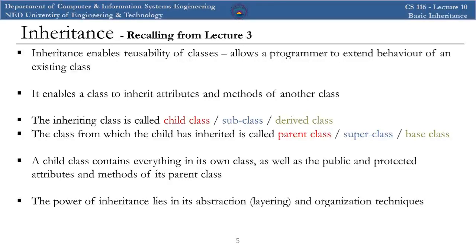Like you can define different classes in layers, and then you can arrange them in a hierarchy, and that is one of the very good organization techniques in software engineering. And we said that inheritance is actually called an is-a relationship.